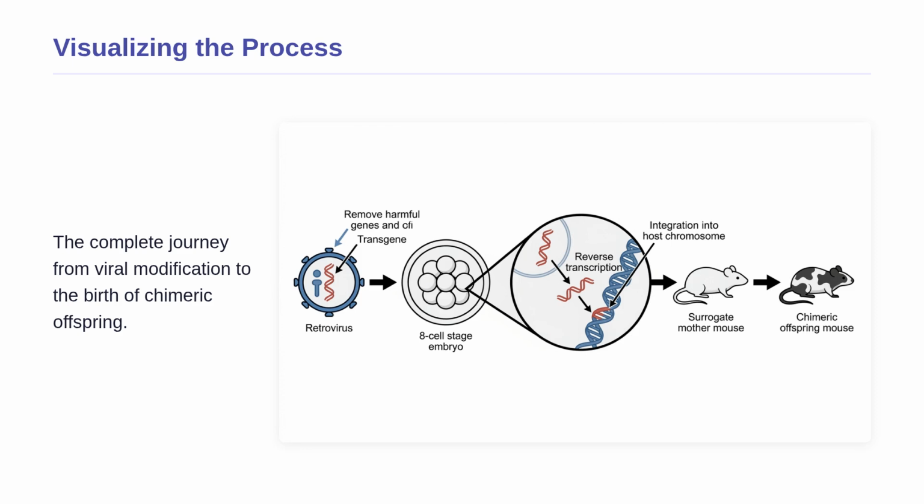The viral RNA undergoes reverse transcription into DNA, which then integrates directly into the host chromosome. Finally, these treated embryos are implanted into a surrogate mother mouse, which eventually gives birth to chimeric offspring, shown on the far right with patchy fur, indicating the new gene is present in some of its tissues.